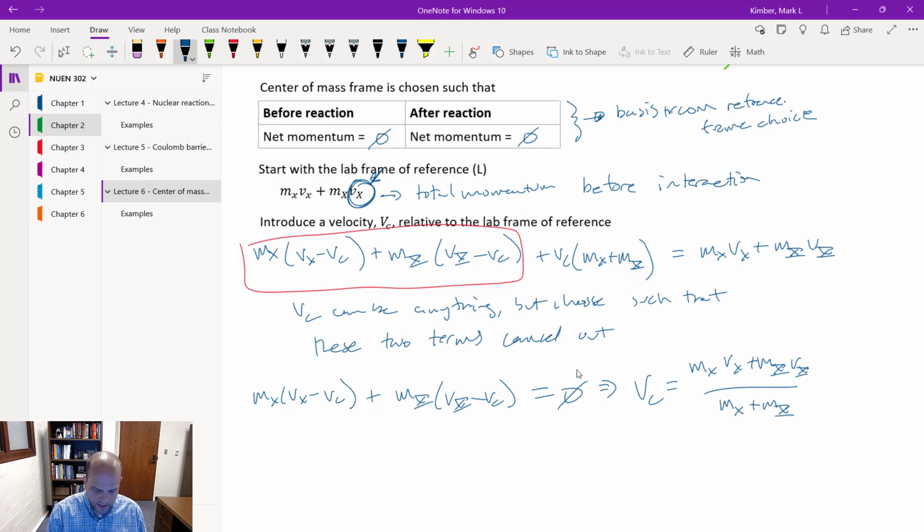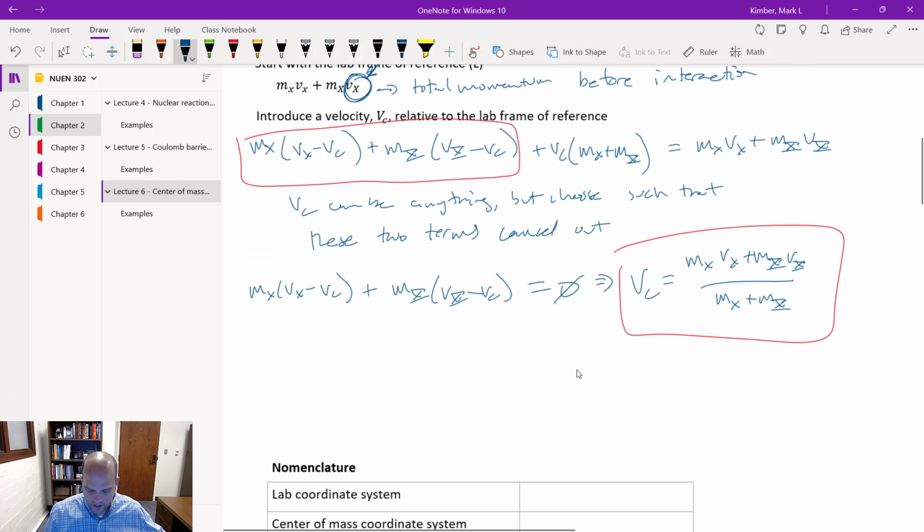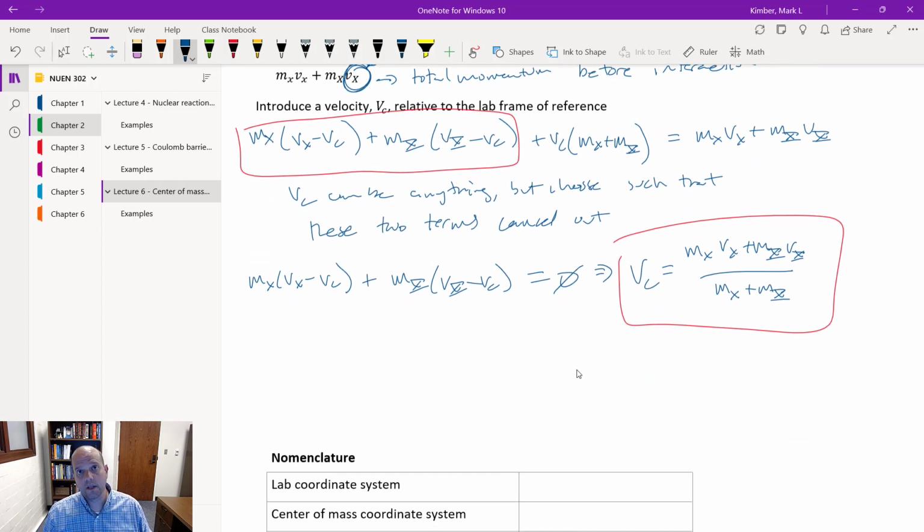So I have Vc equal to this expression here, and then we will call this Vc prime to denote the velocity that we need to achieve after the reaction.